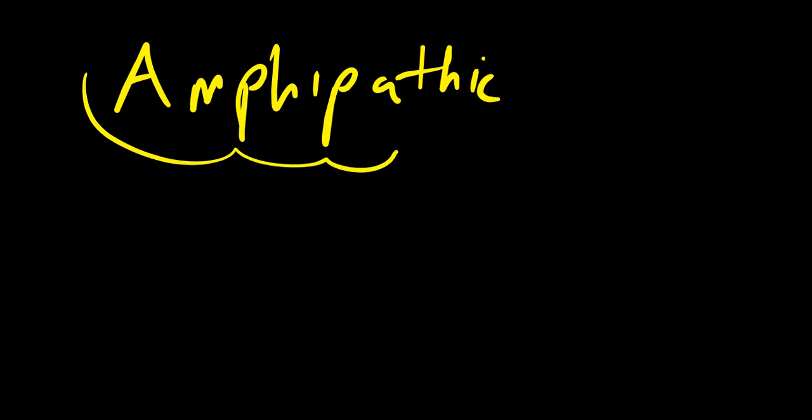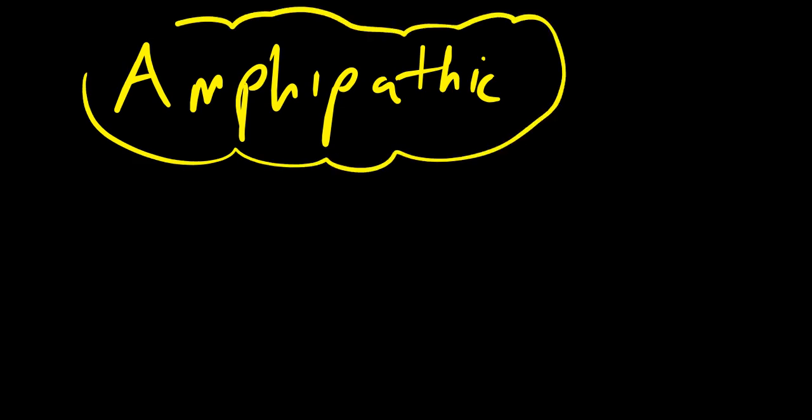Now, lipids are amphipathic. You must really know this term, because it's what distinguishes lipids from other biomolecules. Think of amphipathic like amphibian, those animals which are found both on land and in water.